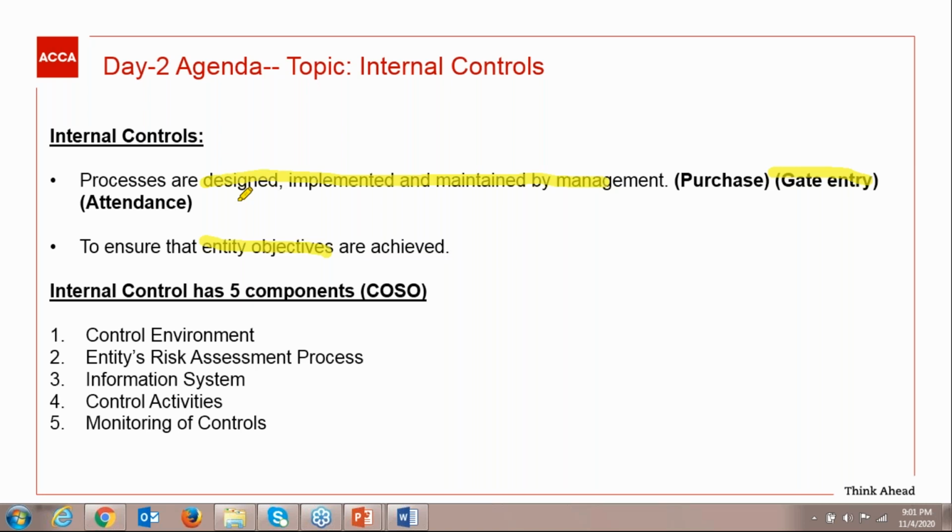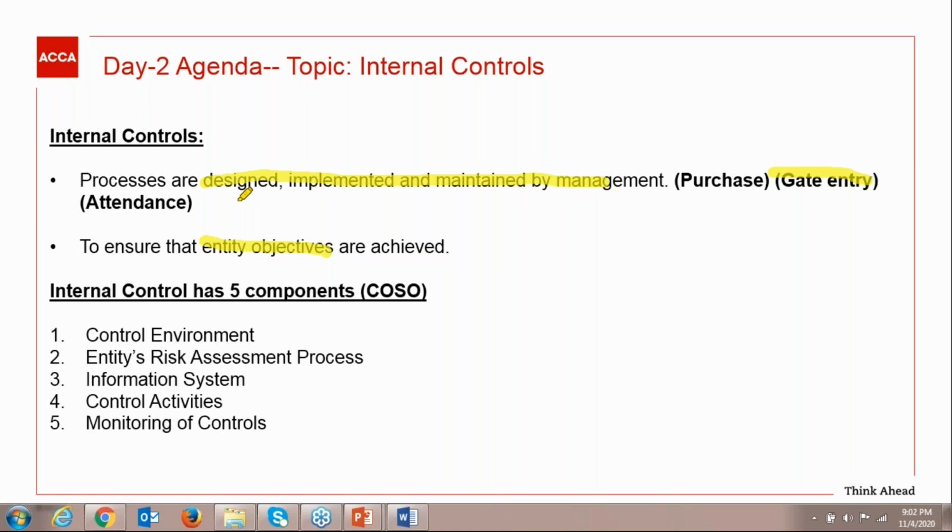So that's the main thing which you need to remember. This is a big difference between internal controls and substantive procedures. Right now, in today's agenda, we are not discussing the substantive procedures.